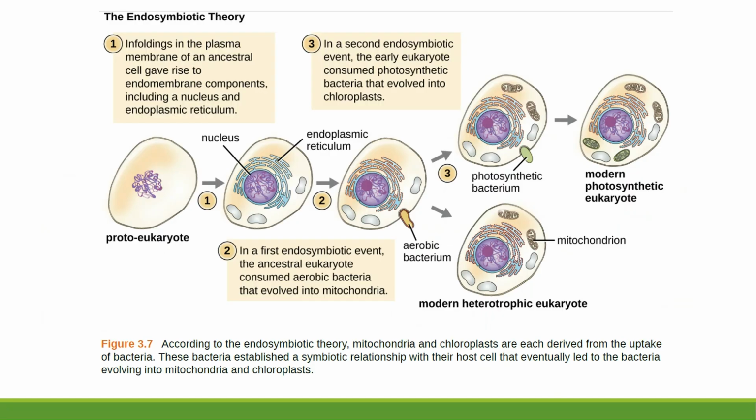Here is a depiction of the evolutionary process called endosymbiotic theory. Sym means to live in harmony with something. Endo means to go into, as you might remember with endocytosis, a particular process for taking outside matter into the cell.